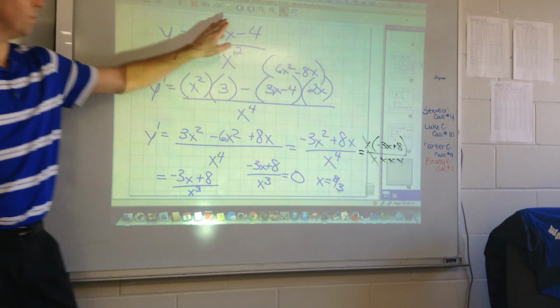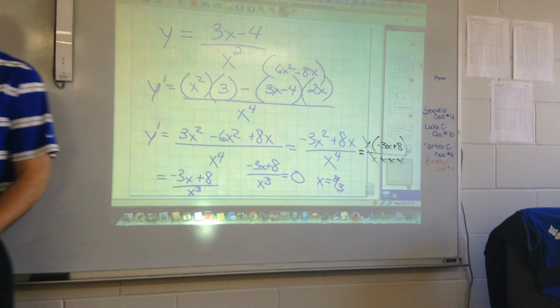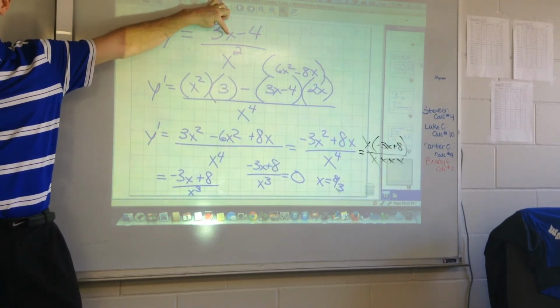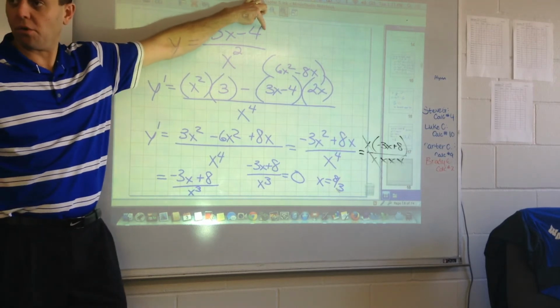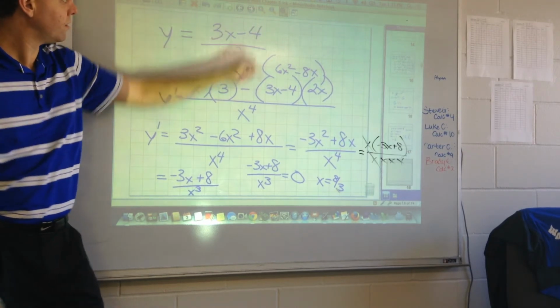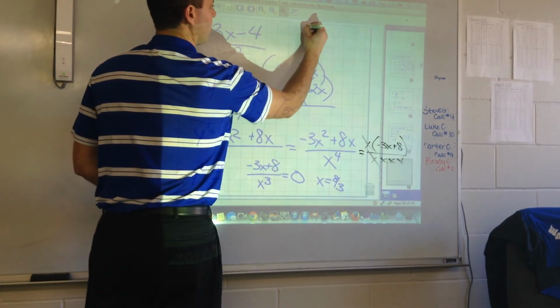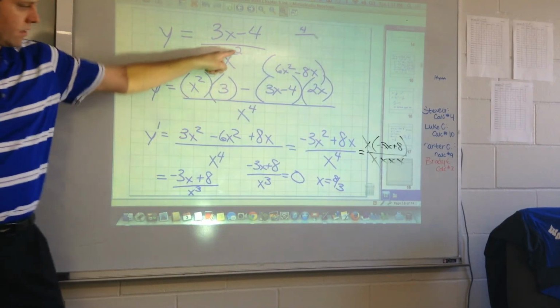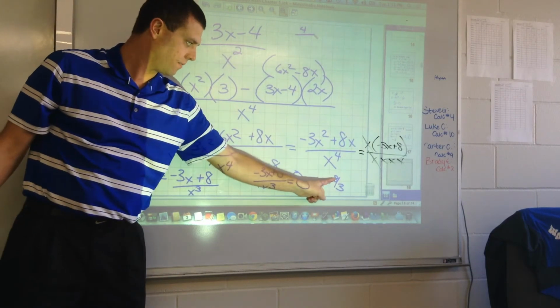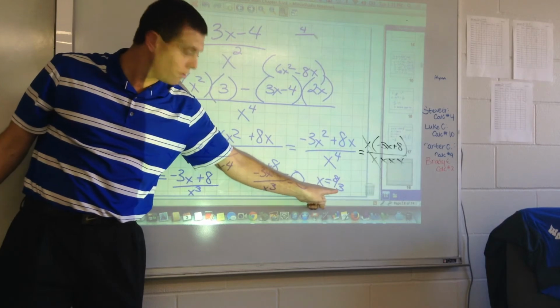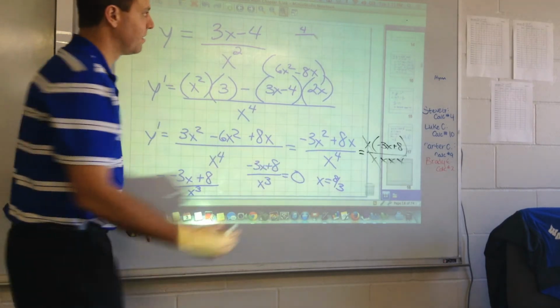Then find your coordinate. This won't be bad. What's 3 times 8/3? 8 minus 4 is 4. And now this will take a little bit of work. That squared, well that's easy. 8 squared is 64, 3 squared is 9.